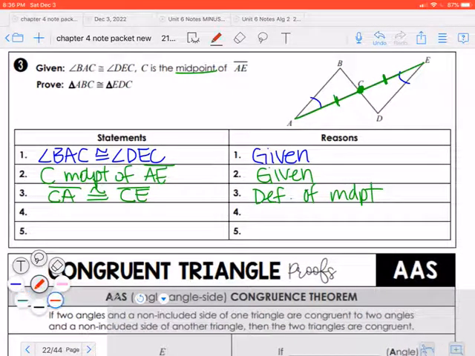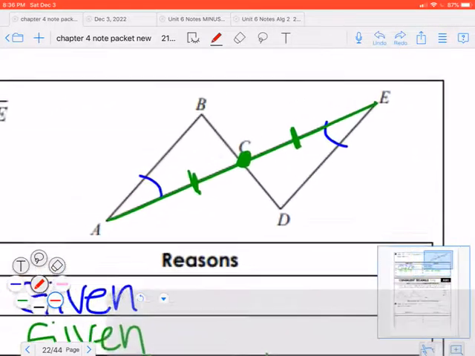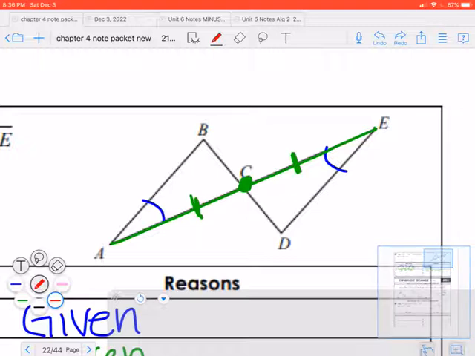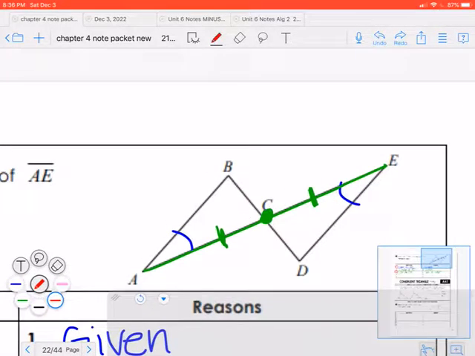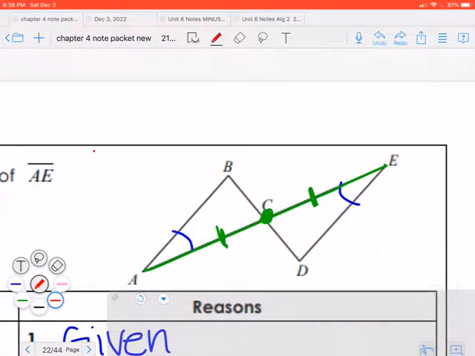So now we have a pair of angles, and we have the sides. Angle, side, angle, side. We need angle, side, angle, so we need another angle. Looking at our diagram, another little tidbit you need to remember from previous is that when you have two lines crossing, that creates vertical angles.